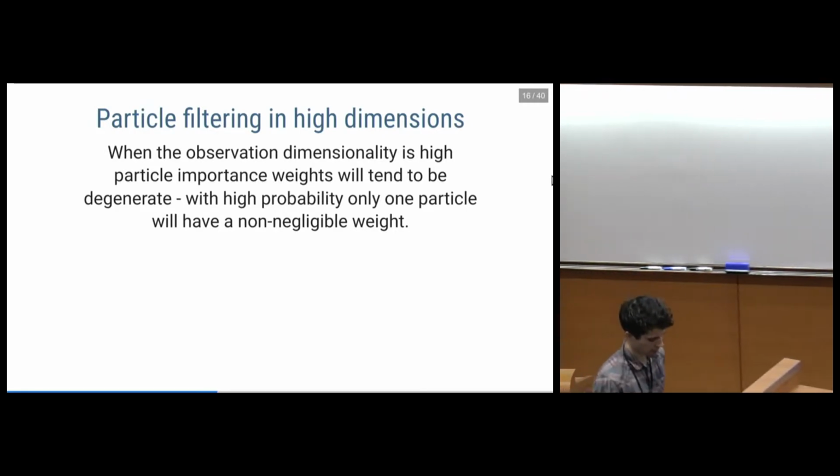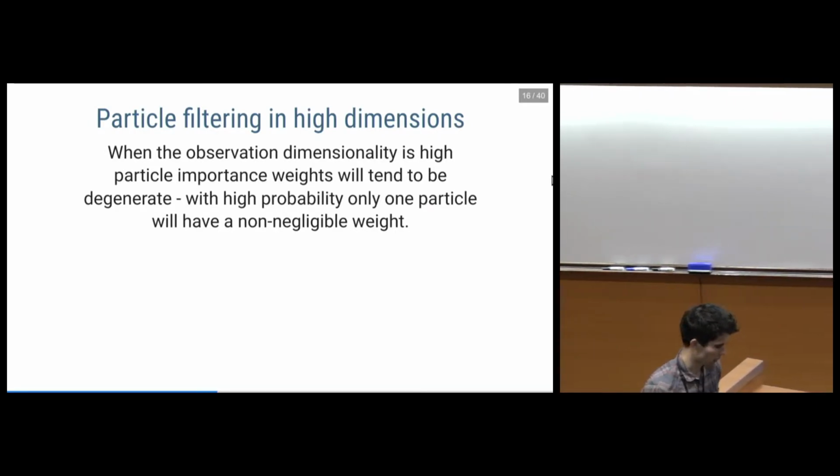Intuitively, what that's saying is that with high probability, only one of the particles will end up with significant weight after renormalizing, so that if we then do resampling or some other form of update to respect those weights, we'll basically map from p particles down to one particle. So we lose all diversity in the ensemble.